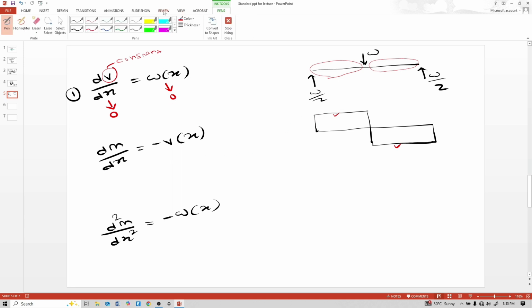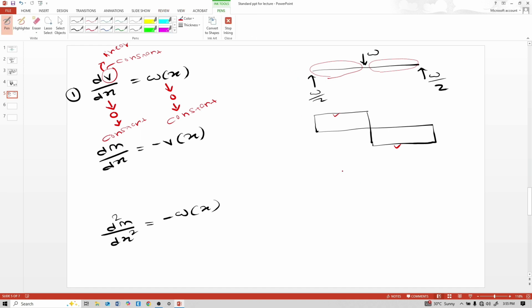And if this w of x is constant, that means this dv by dx is also constant, but this v is linear. And see this also.